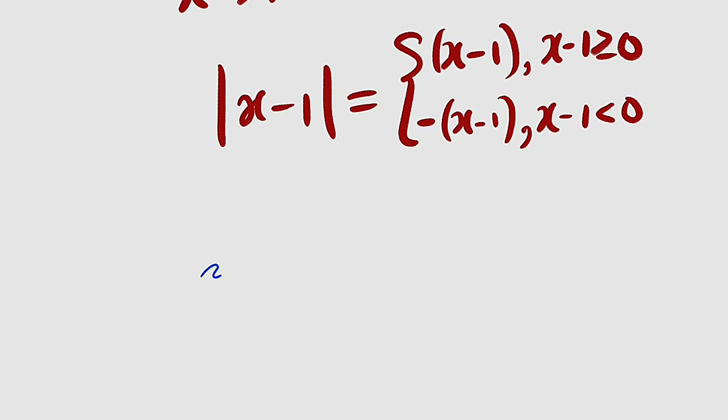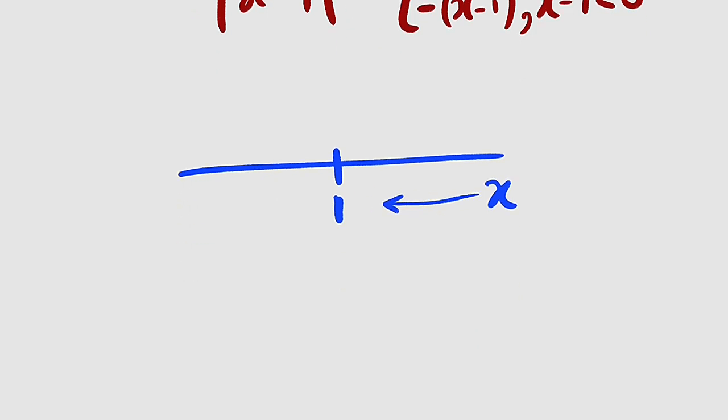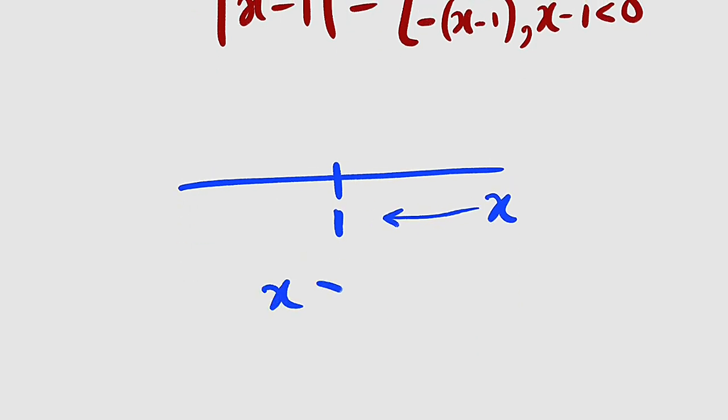So on the number line, suppose we have 1 right here. We want to approach 1 from the right hand side. So we have all values of x approaching 1 from the right, which implies that all of these values of x are greater than 1, right? So all x's are greater than 1, which implies that x minus 1 must be greater than 0 if you subtract 1 from both sides.